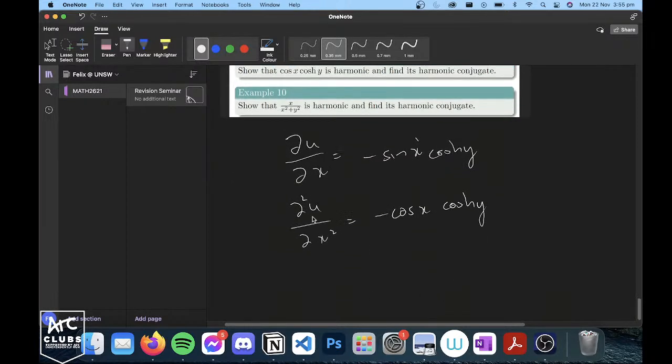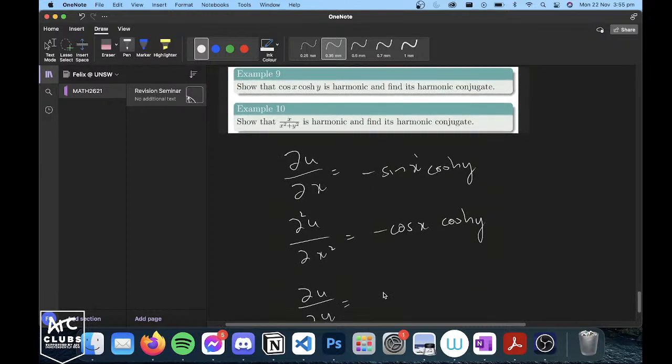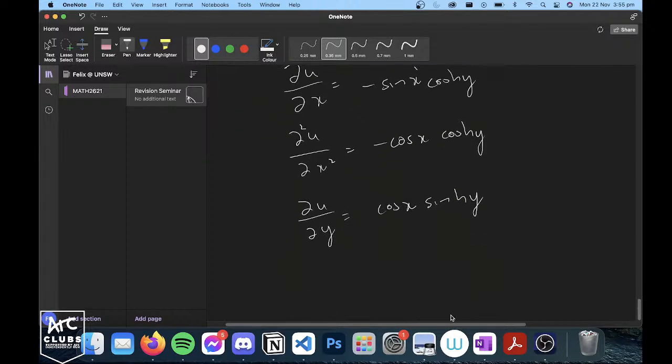Similarly, if we differentiate u with respect to y, we get minus cos x sine y, and if we differentiate this again, we get minus cos x cos y.